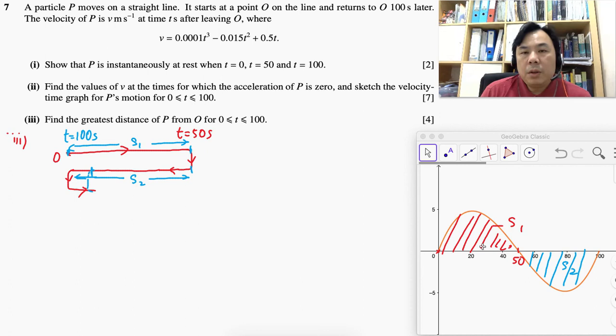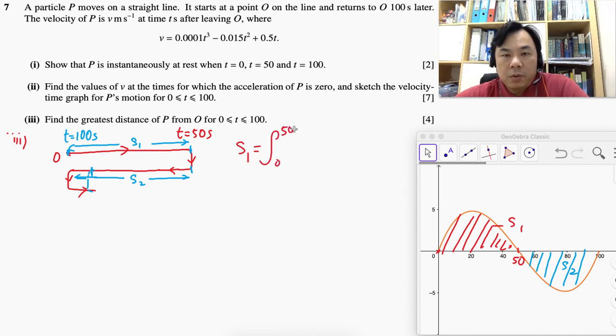Now let's try to find the distance travelled S1. So distance travelled S1 is basically the integration from 0 to 50 of v with respect to time. From here, the integration shouldn't be that tough to work with. It's typically 0.01 divided by 4, t to the power of 4, then 0.005 t cubed.